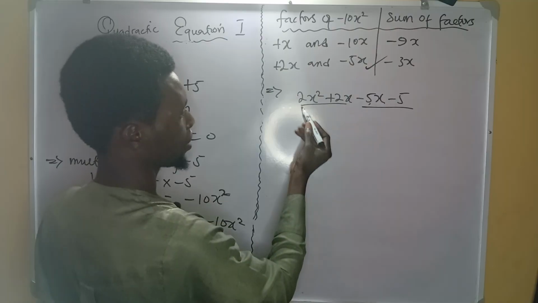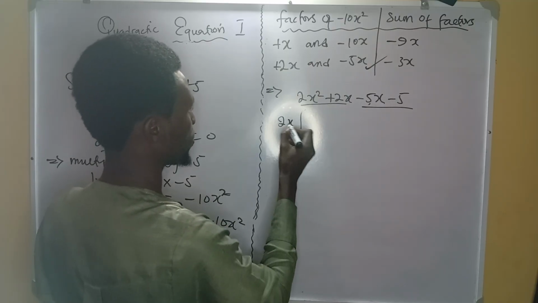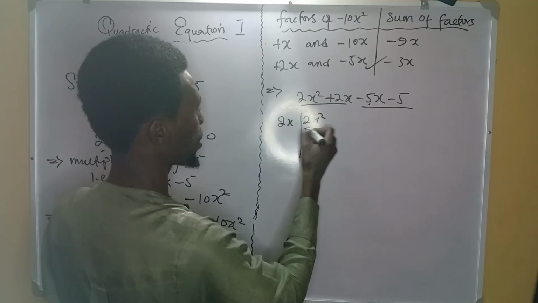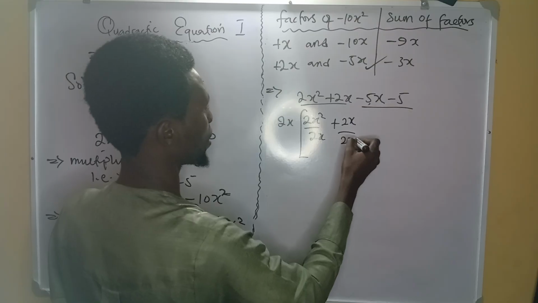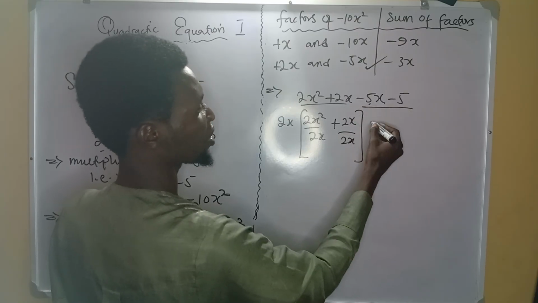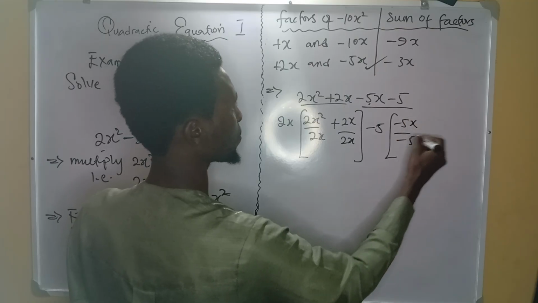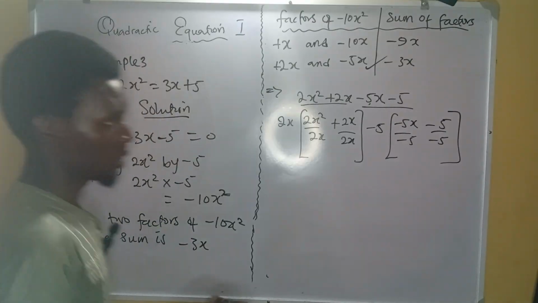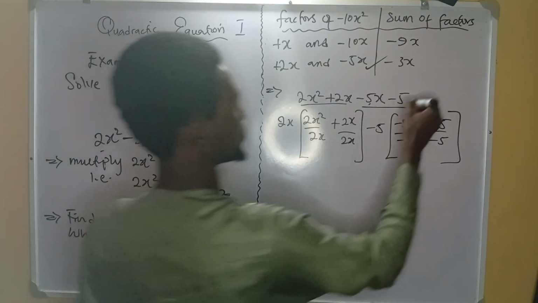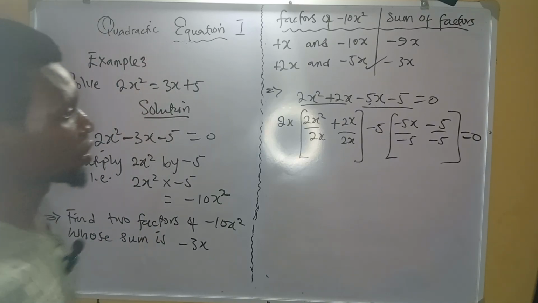What you are going to have here is 2x is common, and you have 2x squared divided by 2x plus 2x over 2x. Minus 5 is common, so you have minus 5x minus 5 divided by minus 5. Remember, equals 0.